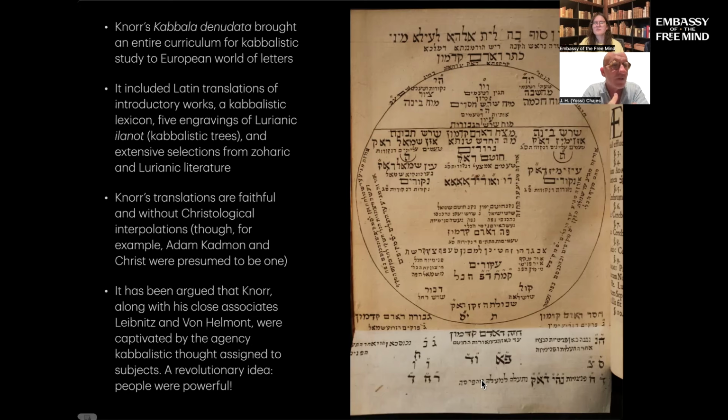They felt that traditional Christianity was disempowering, that people were passive because of this Pauline sense of dependence on divine grace. You couldn't save yourself, but Kabbalah, to their minds, taught that people can not only save themselves, but they had this audacious notion that they could save the divine itself.